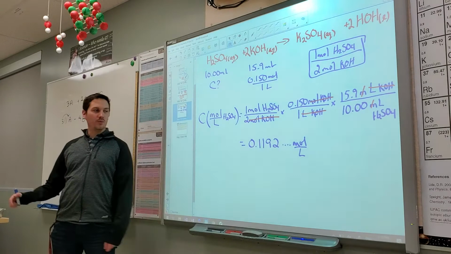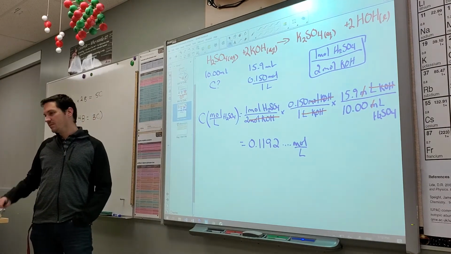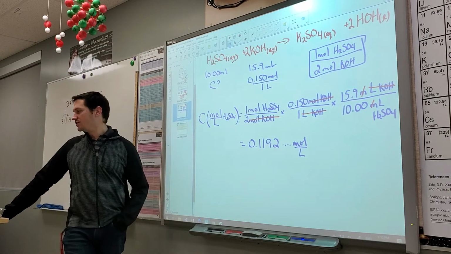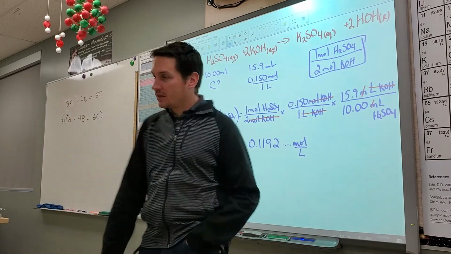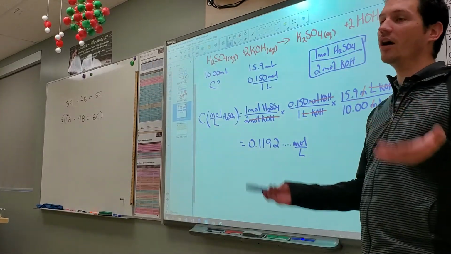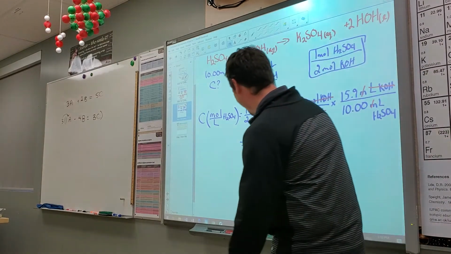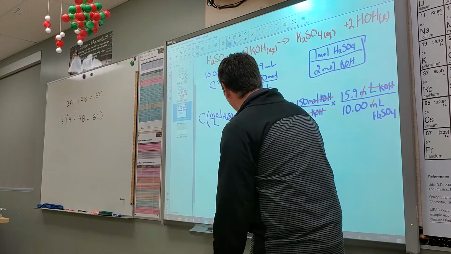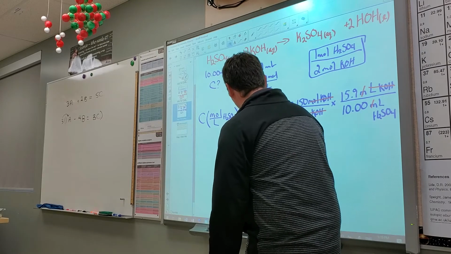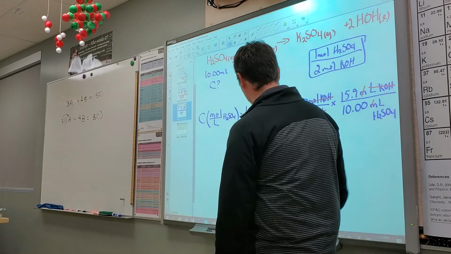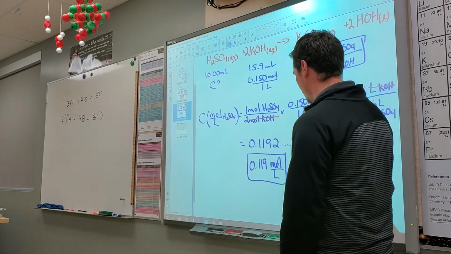Did you get 0.1192? It's just moles per liter. Okay. But we already knew that. 0.119 moles per liter of sulfuric acid, H2SO4.